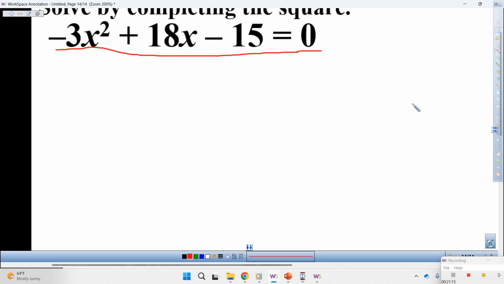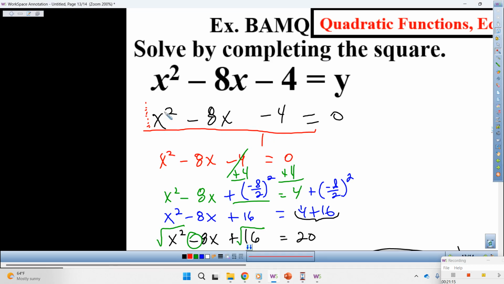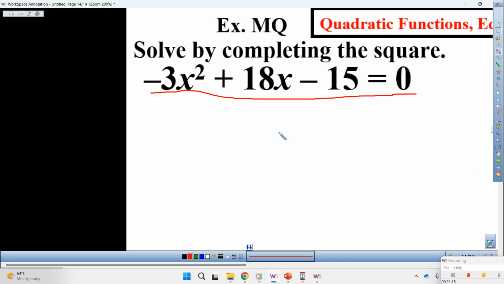Let me go back to the previous one. The previous one, we divided by 1. So this one we divide by what? Negative 3. Hands if you divided by negative 3. Yeah, that's the leading coefficient.